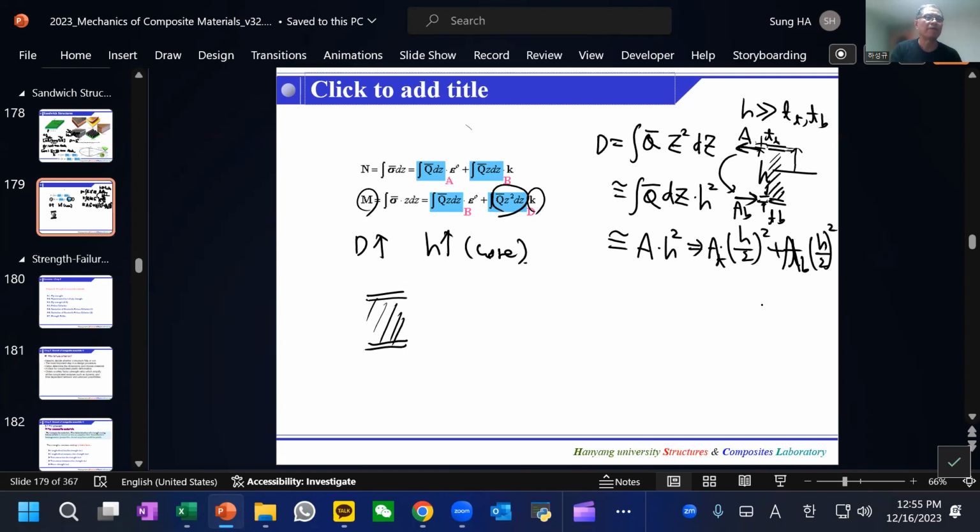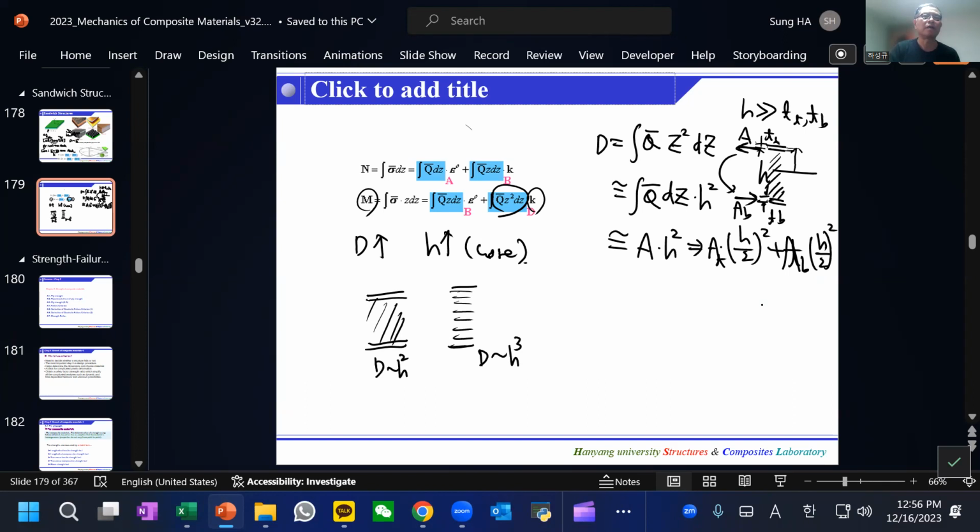And if the top and bottom are all made of composite, all made of plies like this, then the stiffness will be of the order of H cubed, and this is D equal H like this.